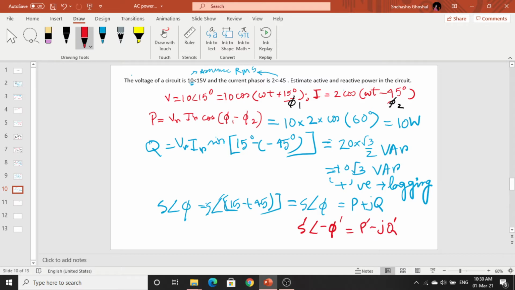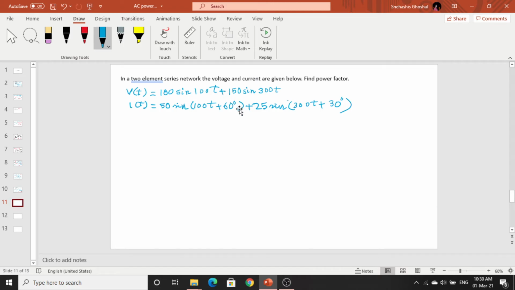Negative sign here or negative angle here indicates leading, and positive sign denotes lagging. So here in this case Q is positive, so it is a lagging load or inductive load. Through mathematical expression we need to get to know about this.